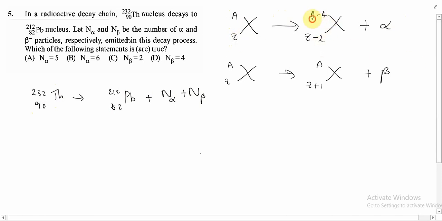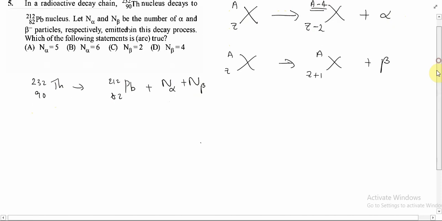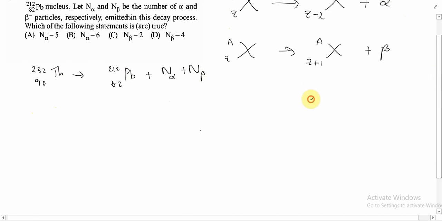The mass number gets reduced by 4 if one alpha particle is emitted. If 2 alpha particles are emitted, it will be A minus 8, which can be written as 4 into 2. If 3 alpha particles are emitted, the mass number gets changed by A minus 4 into 3, that's 12.